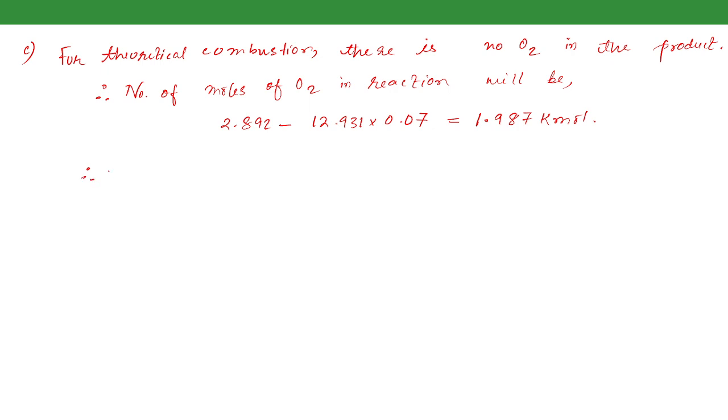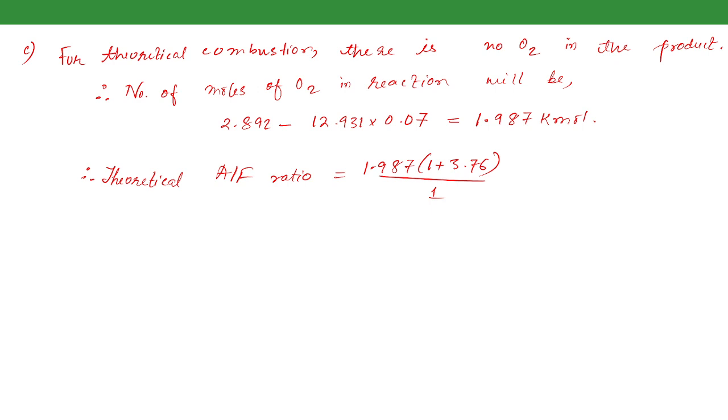Therefore, the theoretical air-fuel ratio is 1.987 to 1 plus 3.76 by 1. Why? Because 1.987 kilomoles of oxygen will be required for exact theoretical combustion, that is for the oxygen to be completely utilized.